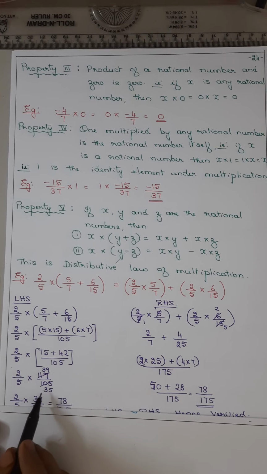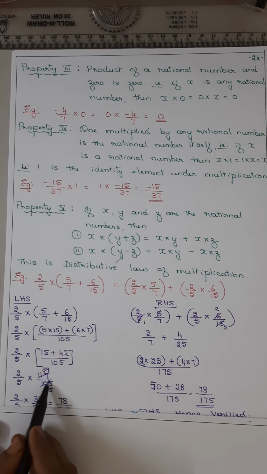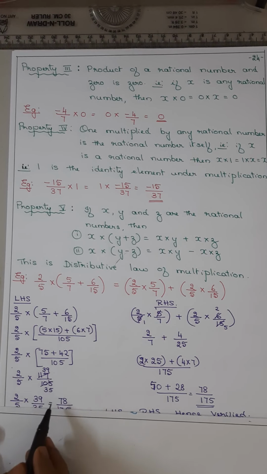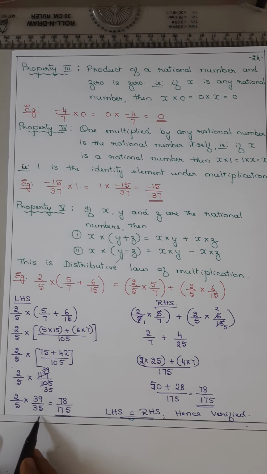Now here 3 3s are 9, 1 remains, 1 and 5, 15, 3 5s are 15. So you got 39 by 35.